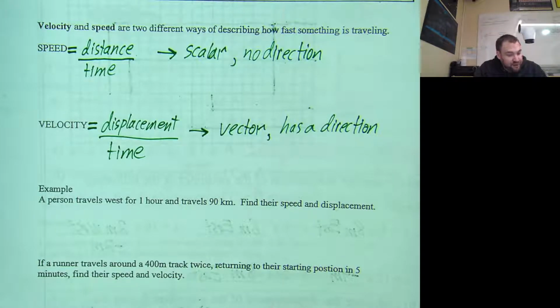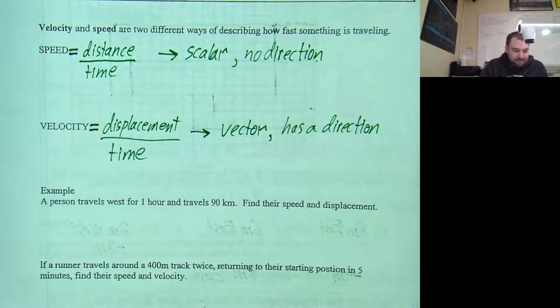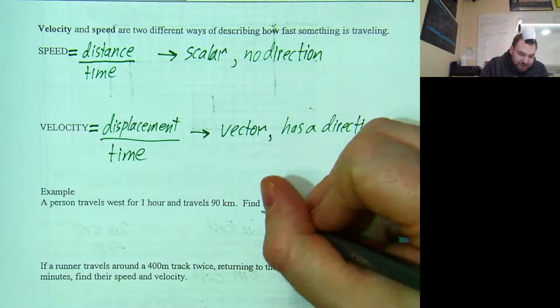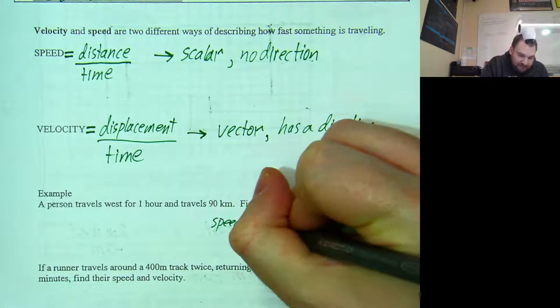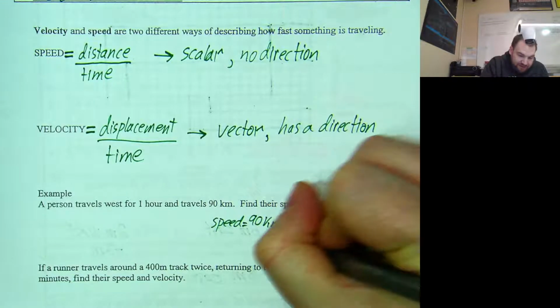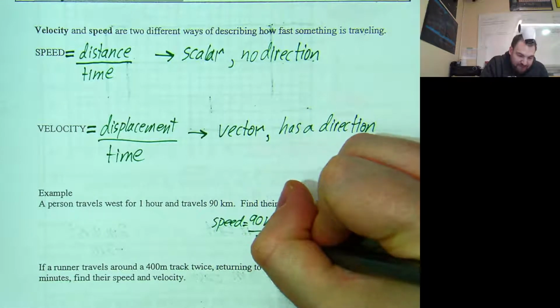Okay, some examples. A person travels for 1 hour and travels 90 kilometers. What's their speed? What's their displacement? Their speed is 90 kilometers divided by the time, which is 1 hour.